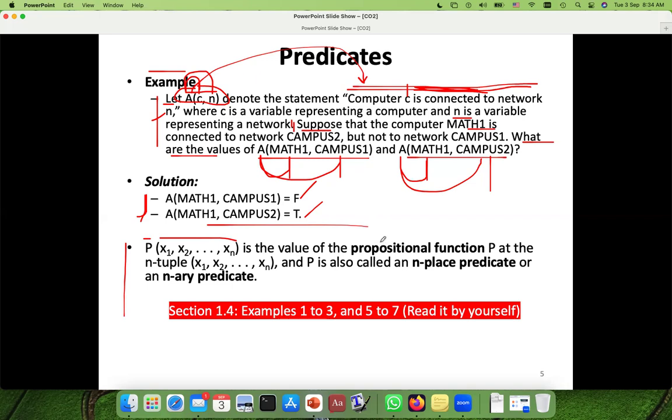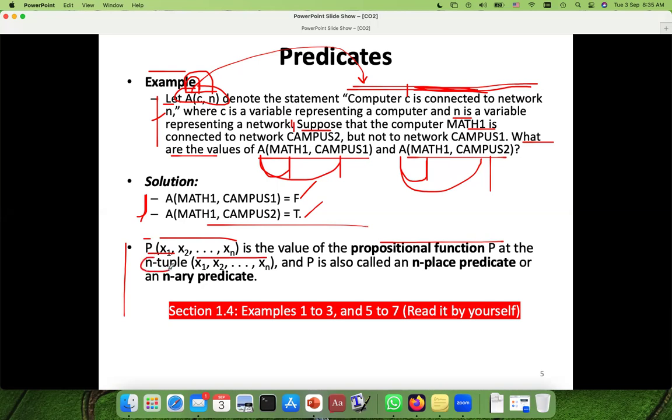I can call it propositional function P at n tuple. Tuple normally means a row, a record. It is a term that we normally use in databases. So propositional function P at n tuple, and that tuple, that row record, is containing what? N number of variables. So that's why we are saying it n tuple.